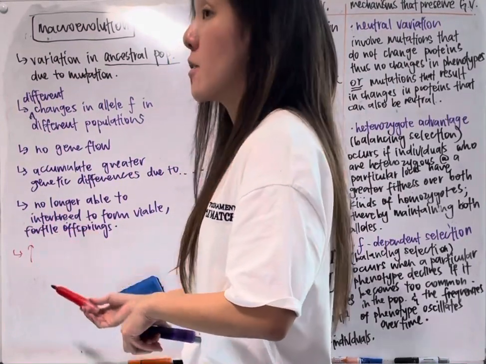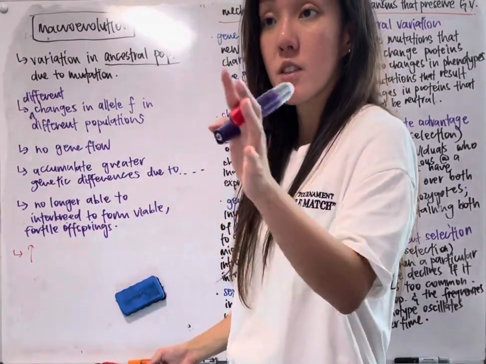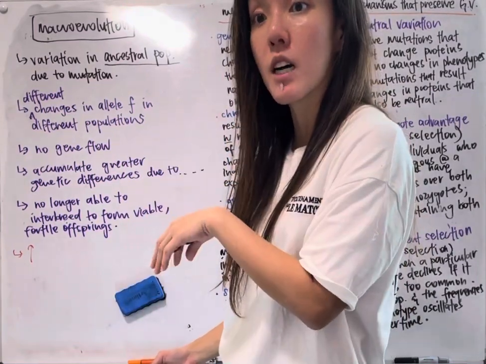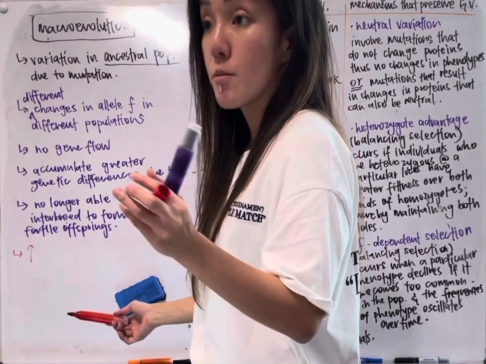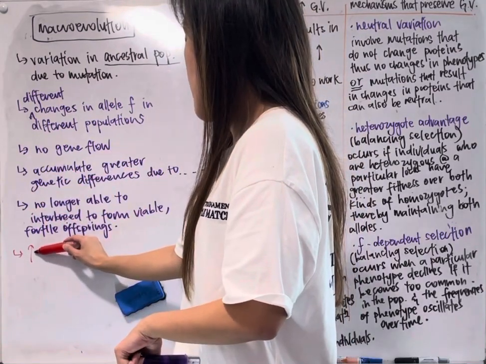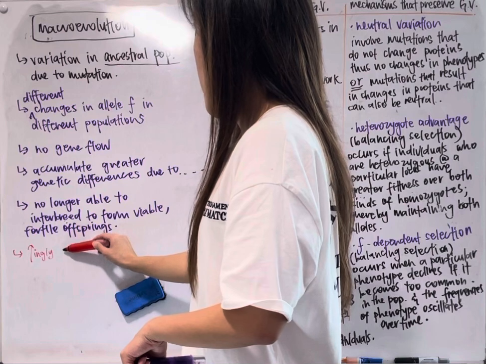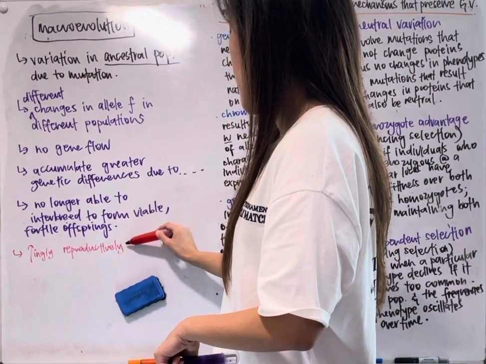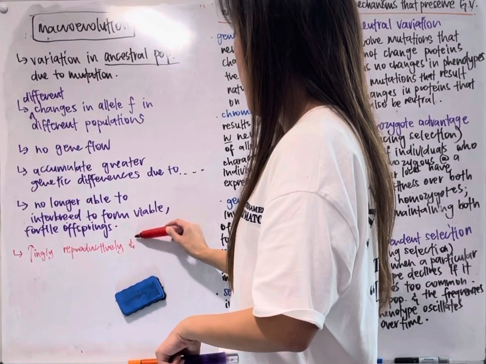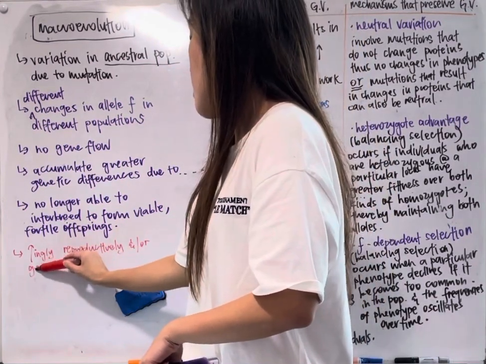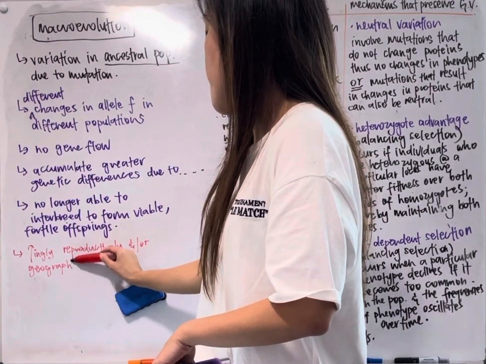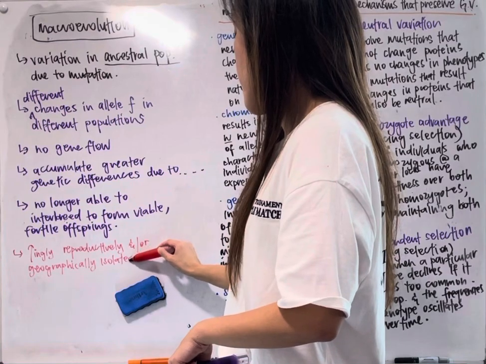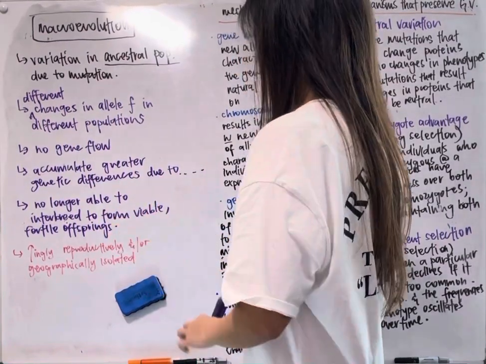Eventually you will say how. Sometimes you can actually specify, but you have to see carefully. If they give you a diagram that obviously has no geographical barriers, you don't tell me geographical isolation and whatever. But you will definitely have reproductive isolation. So it will become increasingly geographically isolated from each other.